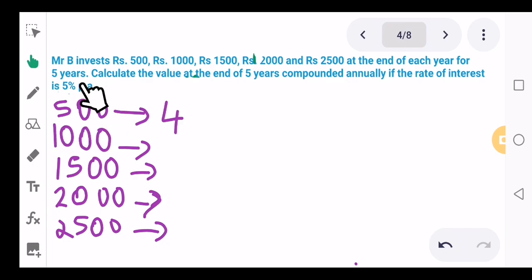At the end of the first year is nothing but the beginning of the second year. For example, let me say that I have invested 500 rupees on 31st December 2021. Should I pay interest for the entire 2021? That's not possible because that has been done on the last date of the year.